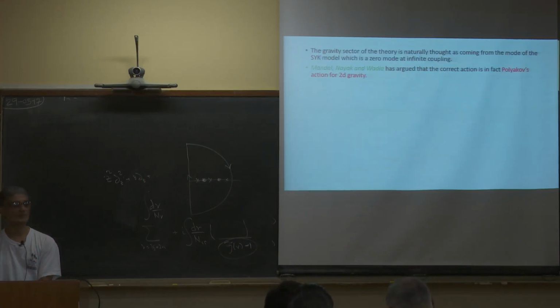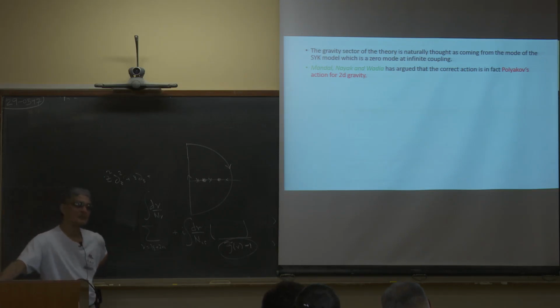Right. Can I ask something? From the gravity point of view, I understand why you need to work with ADS, near ADS and all that. But just from the point of view of the 0 plus 1D quantum mechanics, I didn't really understand this: why can't you consider the conformal field theory in its own right, which you flow to in the deep infrared?